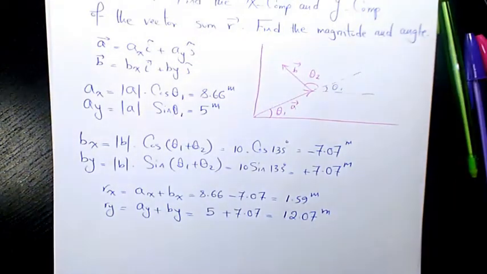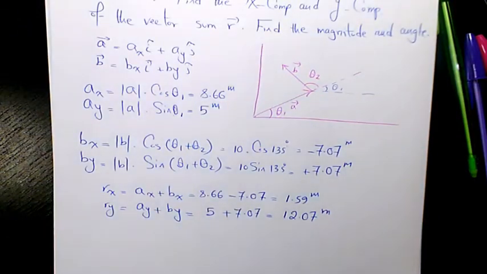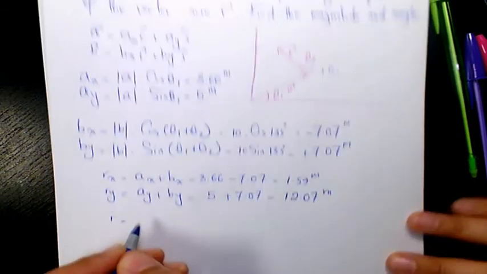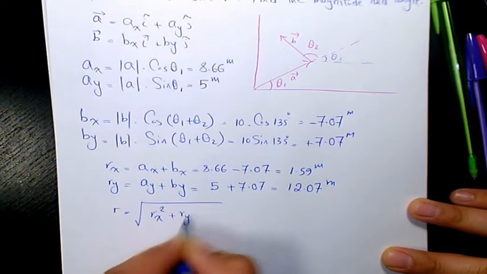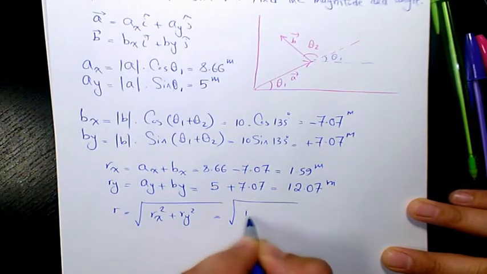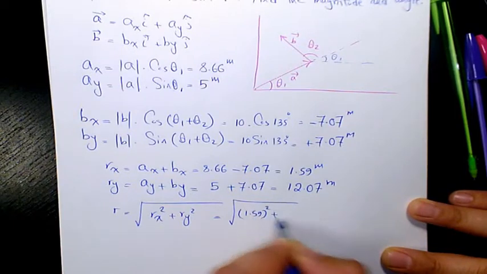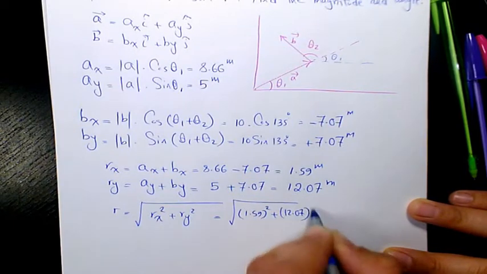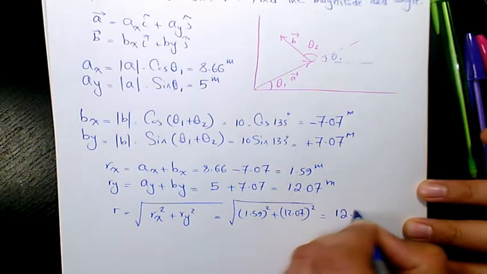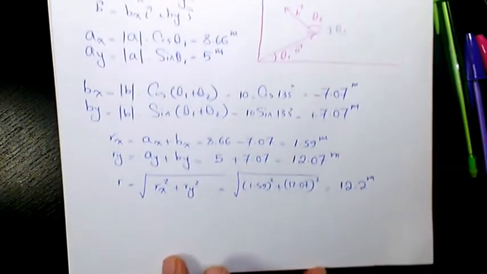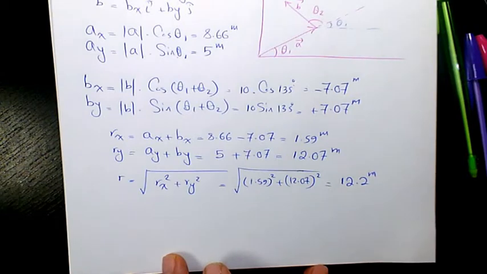If you want to find out R, we need Rx squared plus Ry squared, 1.59 squared plus 12.07 squared. That makes it around 12.2 meters. How to find out the angle?